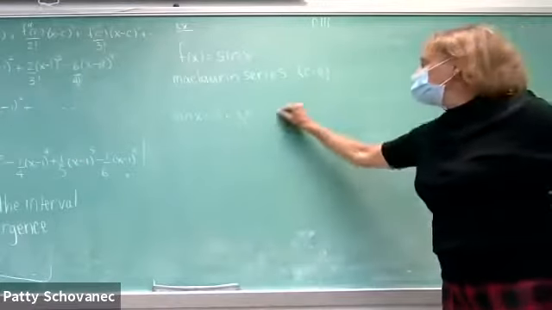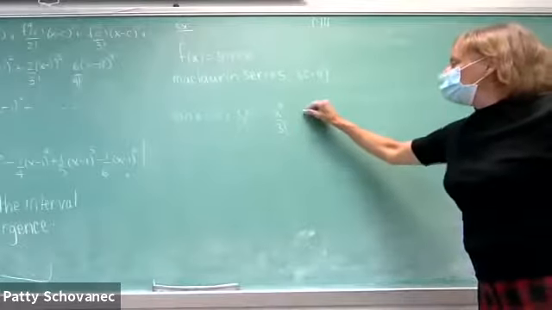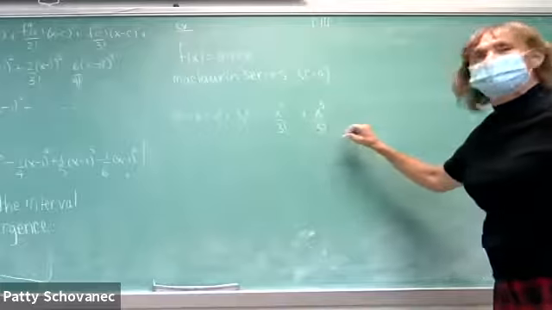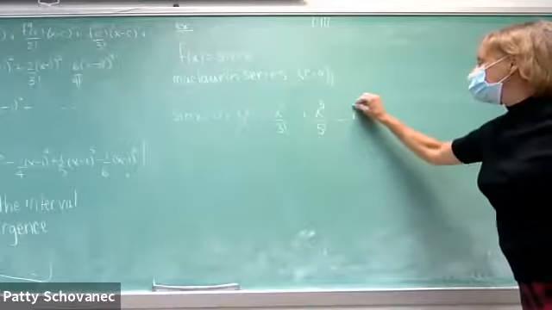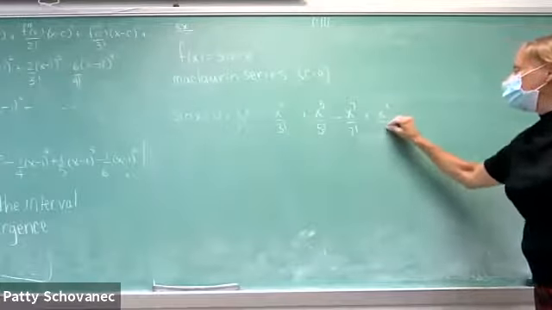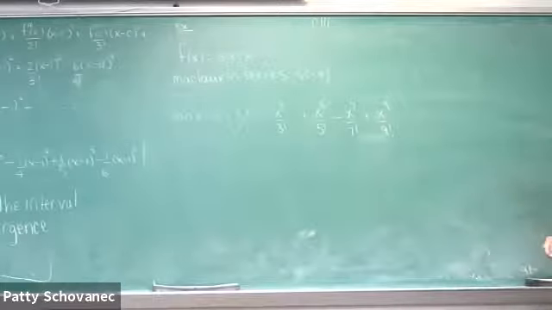What power is going to be on it? And then the next one will be plus x to the 5th over 5 factorial minus x to the 7th over 7 factorial plus x to the 9th over 9 factorial. That's right, I'm glad we did that.